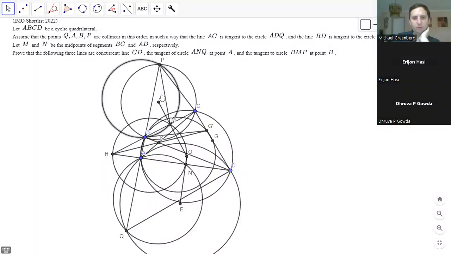Yeah. So let me write down what similar triangles were again. So BCD is similar to QAD, and ACD is similar to PBC. So we have both those similar triangles.